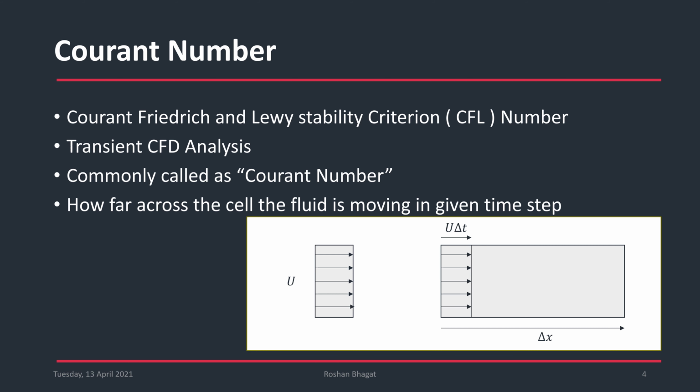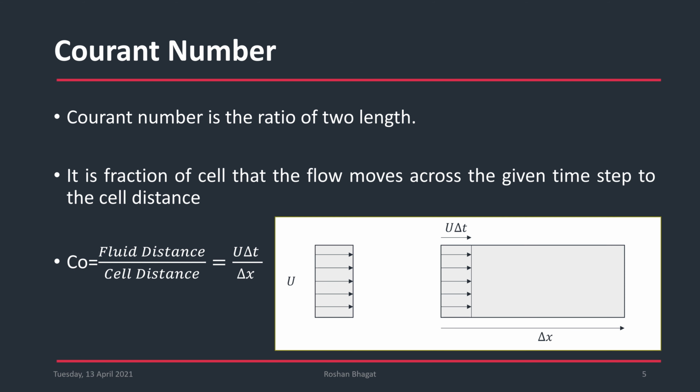The fraction of distance covered in a time step, divided by the cell size, is the Courant number. So the Courant number is actually the ratio of these two lengths: the fraction of a cell that the flow moves across in a given time, to the cell distance. It can also be expressed as the distance the fluid has traveled divided by the cell distance, which is Δx.